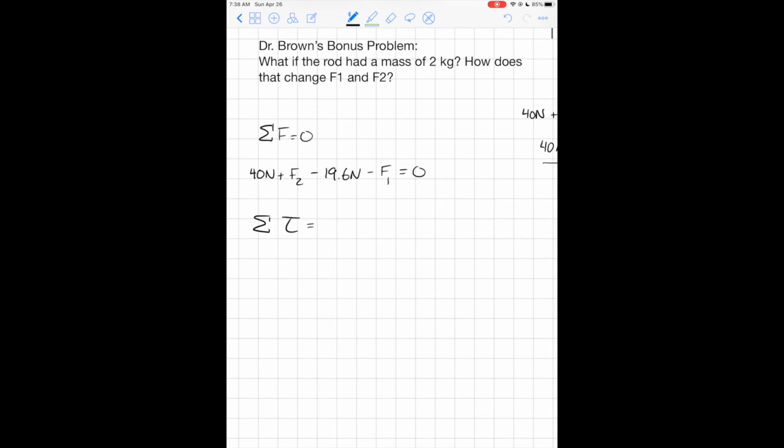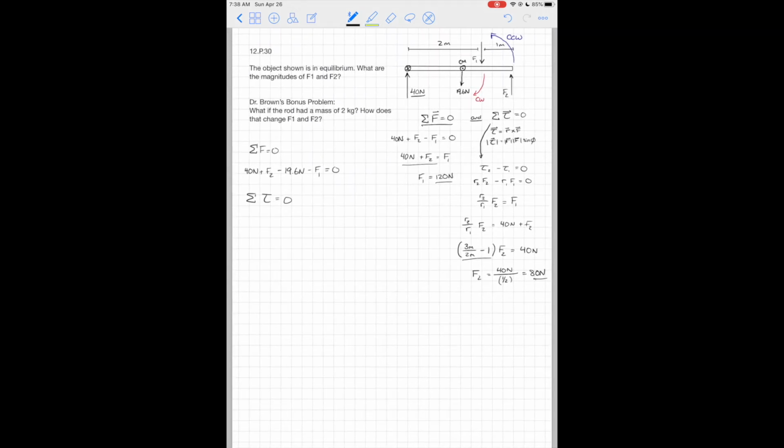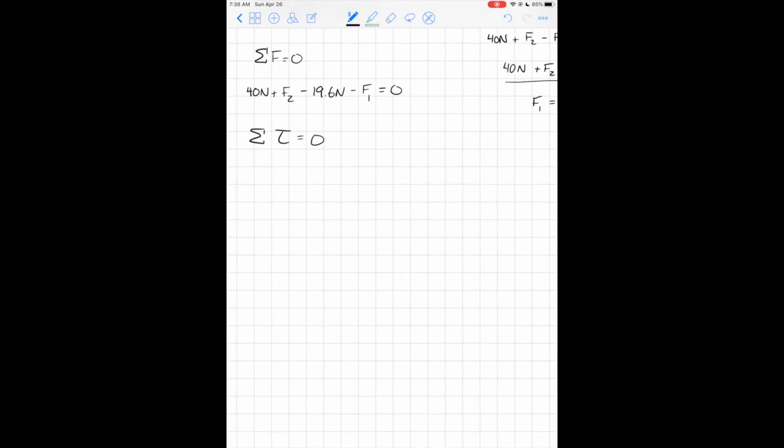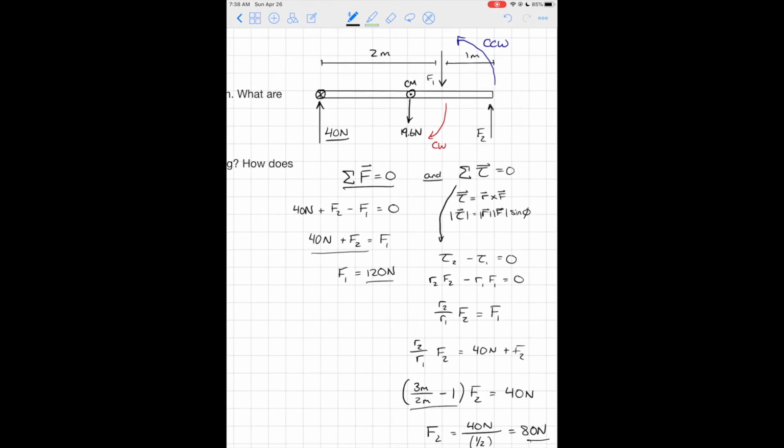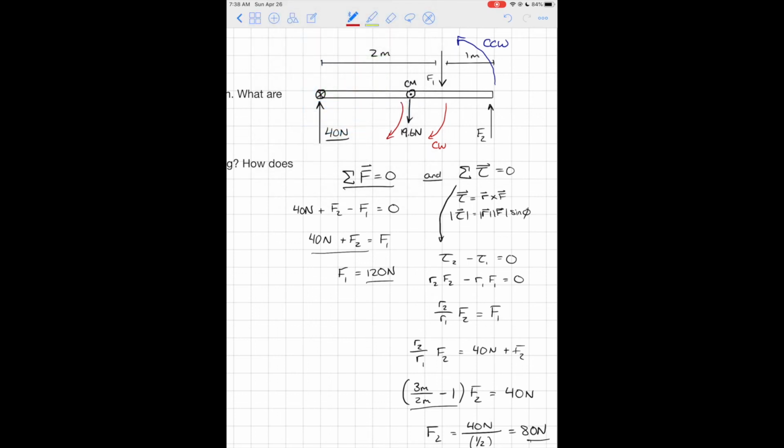So if I think about my torques equal to 0, now I need a new pivot point. I could still use the 40 newton force, the left tip of this whole thing, as the pivot point. In which case, now I have 3 torques: the counterclockwise torque from F2, the clockwise torque from F1, and another clockwise torque from the weight at the center of mass.